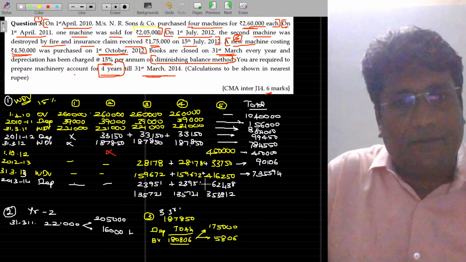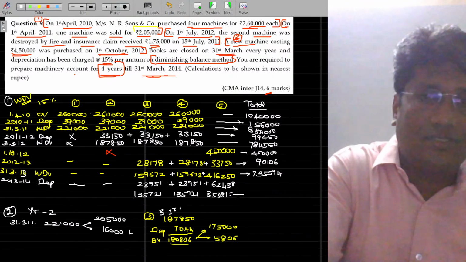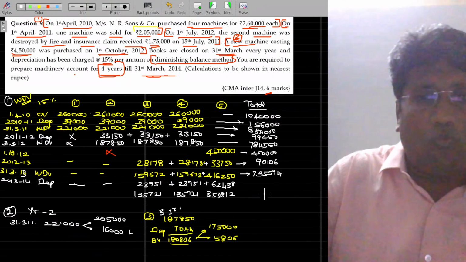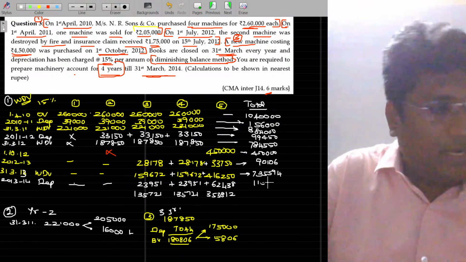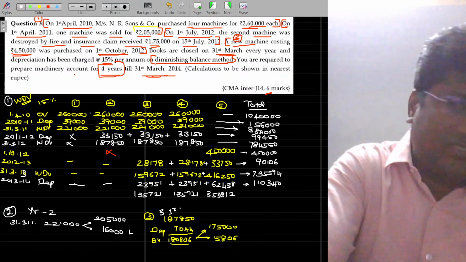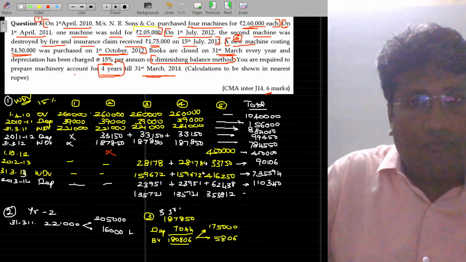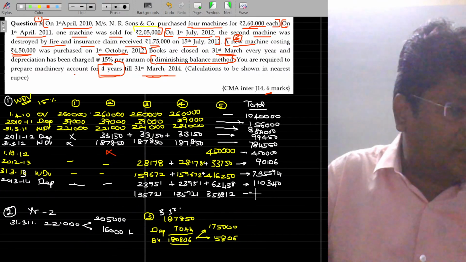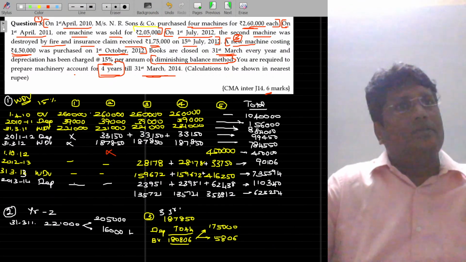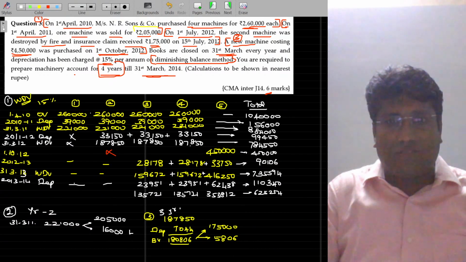The depreciation for the last year, 23,951 for 2 assets, and 62,438, this value being 1,10,340. If I subtract that value from 7,35,594, then the WD value for all the assets existing as on the last year, 6,25,254.